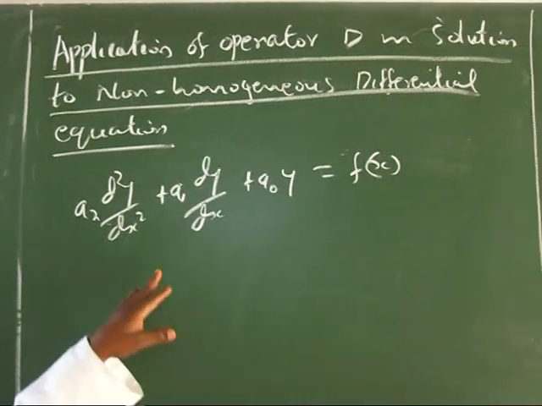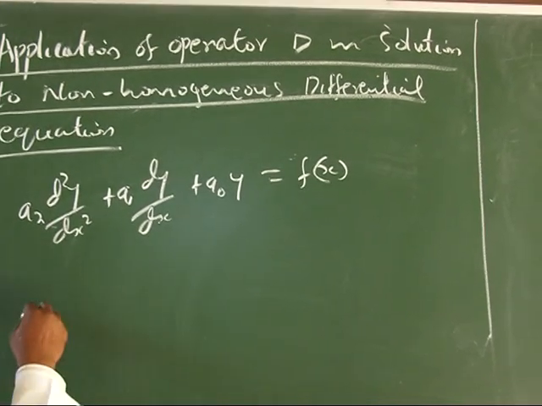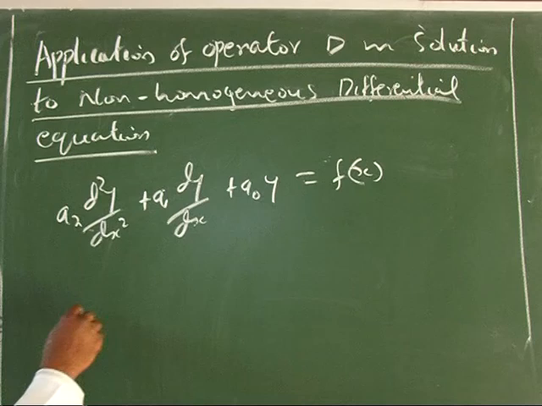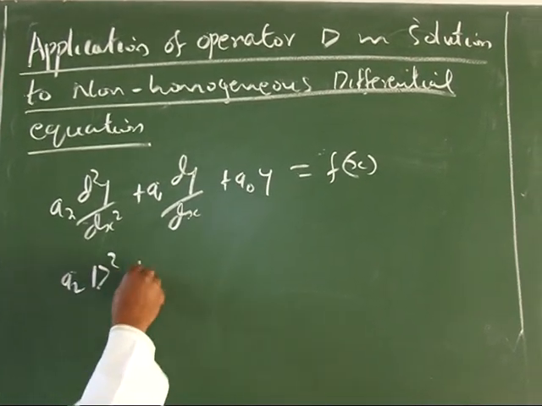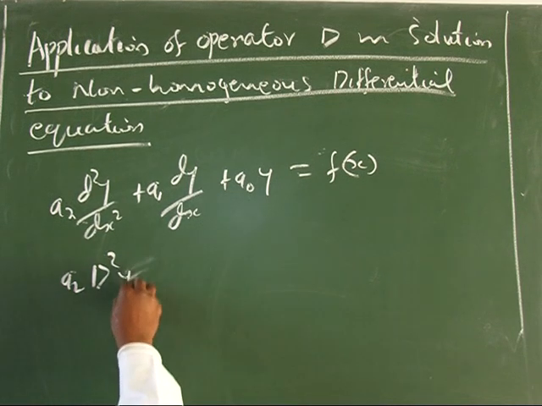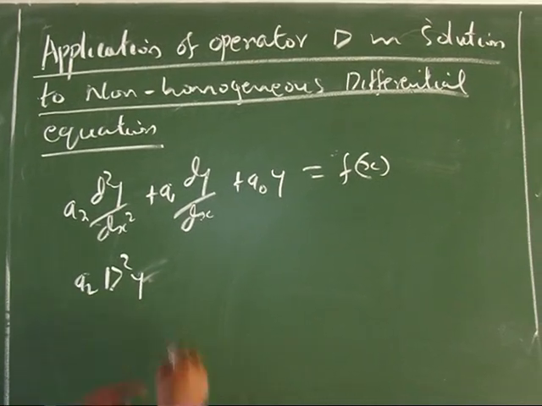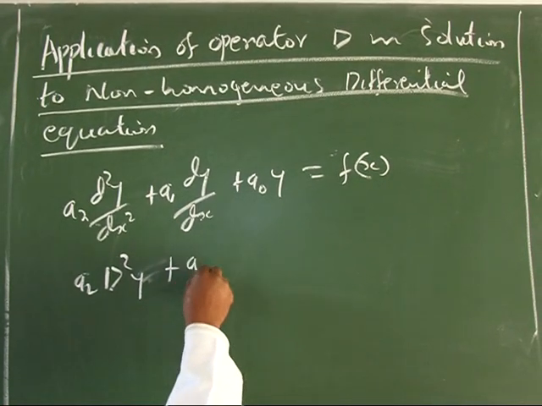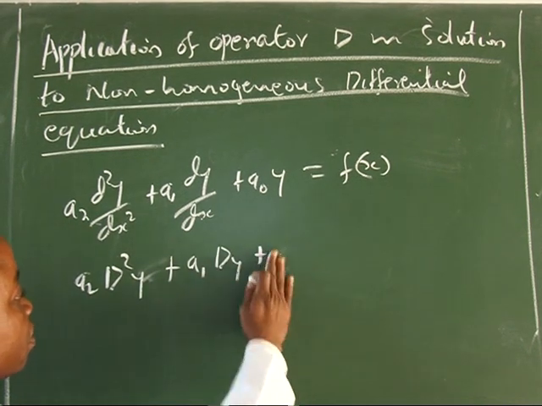If we write this in terms of D, then we will have it in this form: a2 D squared y plus a1 D y plus a0 y.